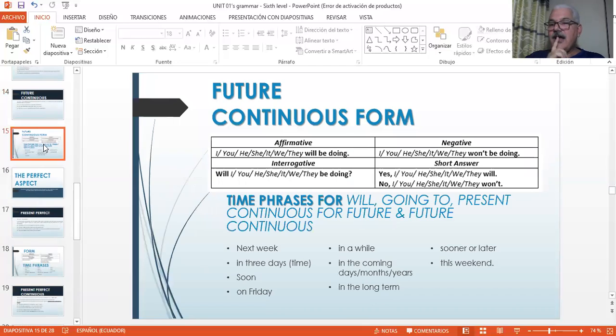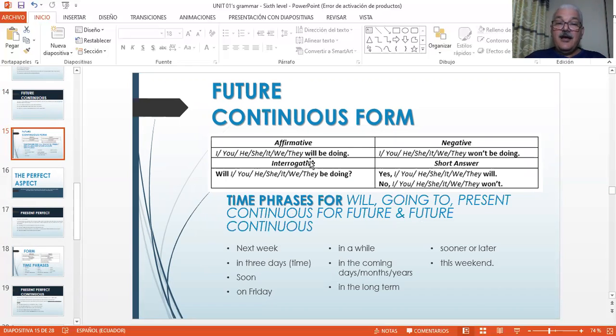Then we also have the future continuous form. It is the structure in which we express all those examples that I explained about the notion of future time.